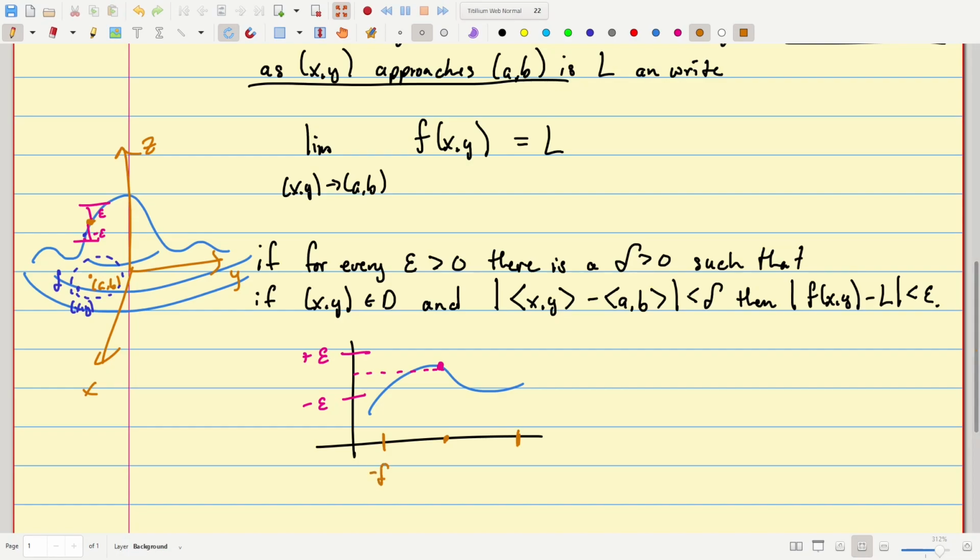So this would be minus delta, plus delta. Okay. And what's happening here is that I'm saying that I have to be this close in height in order to be at least that close height-wise. And then the delta tells me where horizontally I have to choose my points from in order to be at least that close.